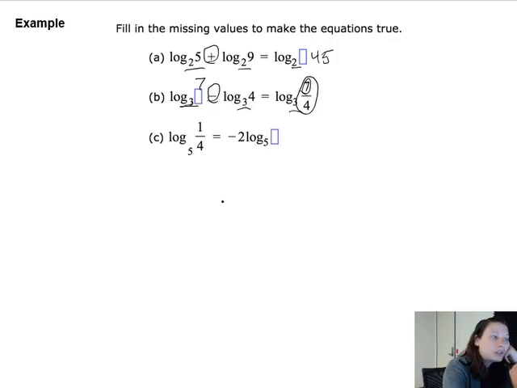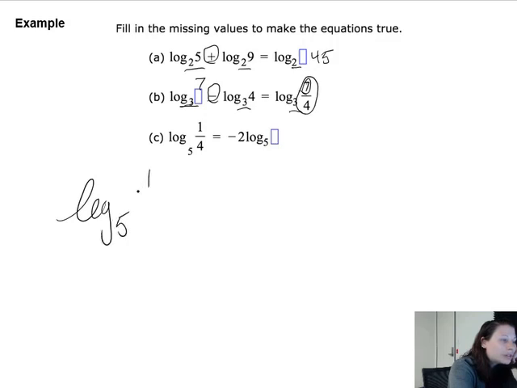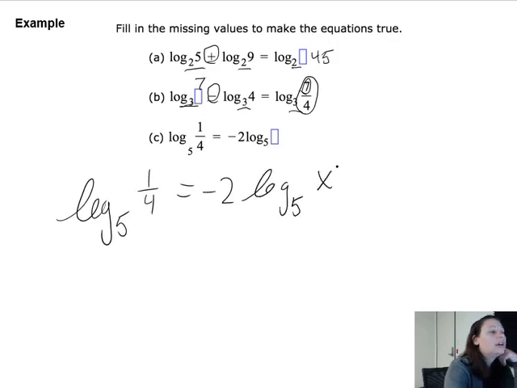Now, this one's a little tricky, right? Let's go ahead and rewrite this one out with an x as the unknown portion. So this x is what we want to know. So let's kind of move it around a little bit and see what it could be. We have log base 5 of 1/4 is equal to, now we want these log base 5s to be exactly the same.